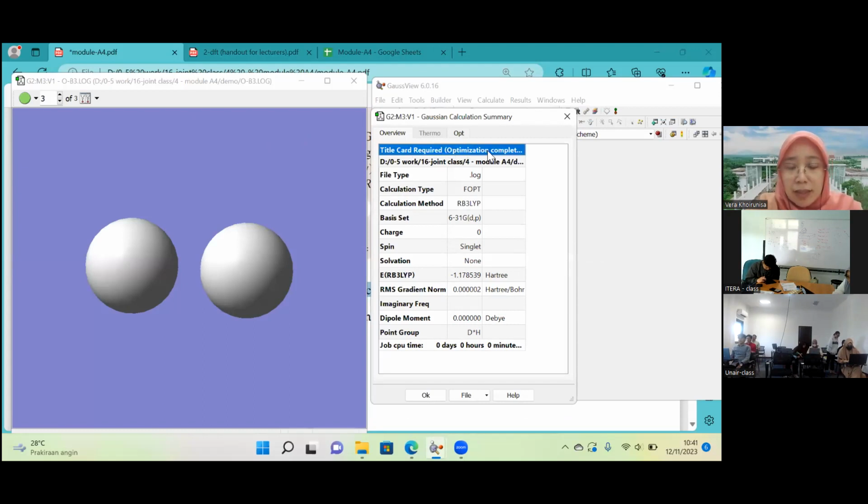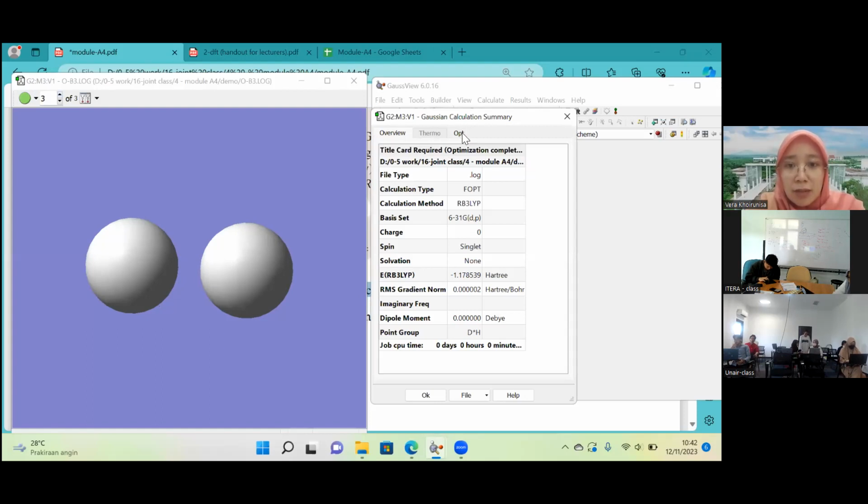Here it is written that optimization complete. And if you click here, 1 of 3, this is optimization step 1 of 3 steps. This one, sorry, is step 2 of 3, and then this one, the complete one.